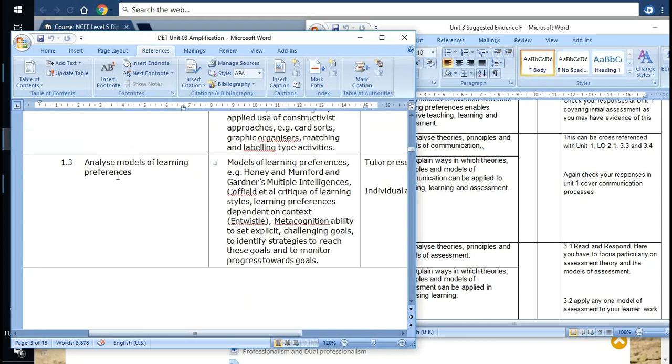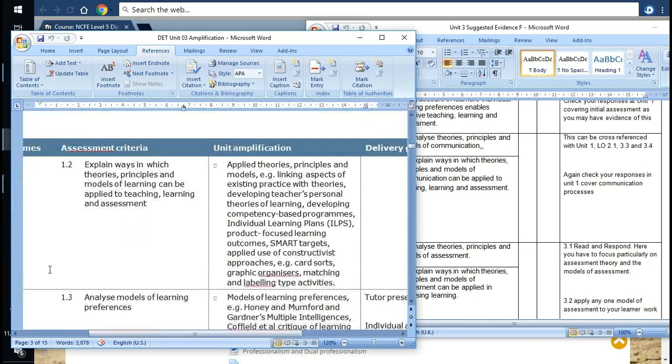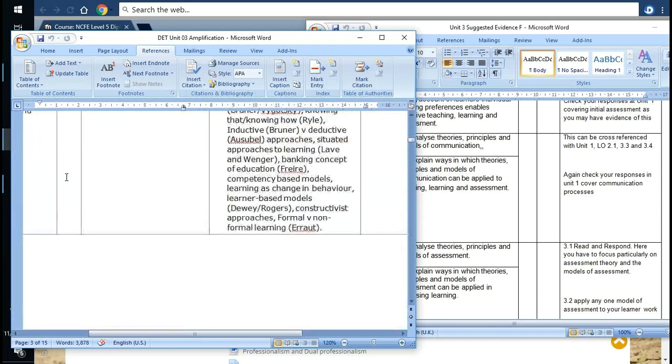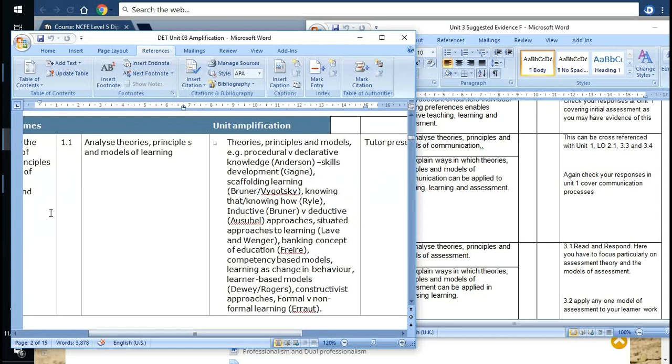Analyse models. Sorry? Was that 1.2? That's 1.2, yeah. So when you do 1.1, basically you're going to be making an analysis of a number of theories and principles and models of learning, or learning styles. Once you've done that, amongst all those, there will be one that is pretty much in keeping with how you actually deliver yourself. I can guarantee that because nobody's failed to find one yet, so I'm hoping that you will as well.